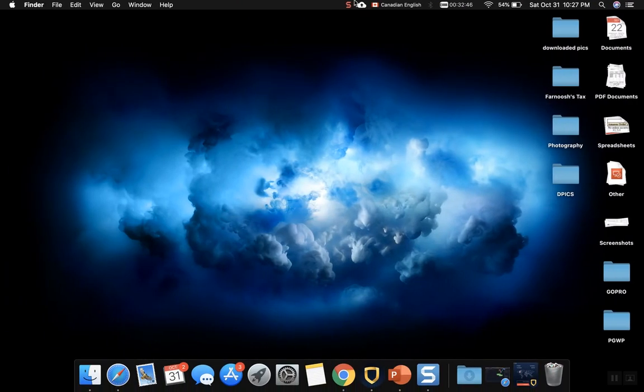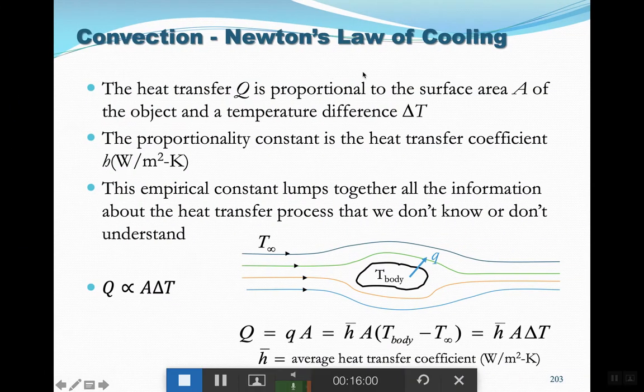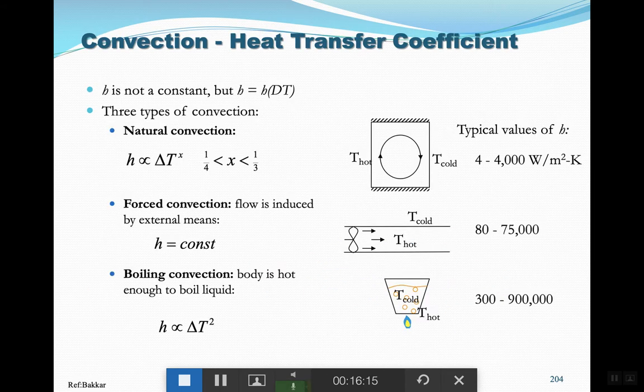Okay, now let's look at different methods of convection heat transfer, since this is the general formula for it, and as I said, H should be calculated for different flows, not different materials. It depends on the flow. So let's look at some examples.